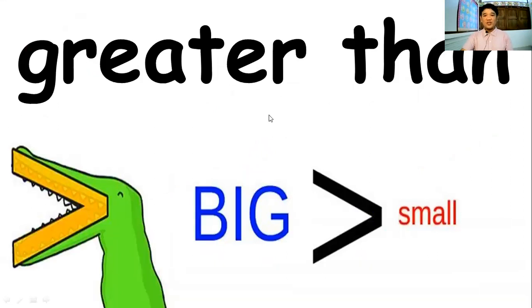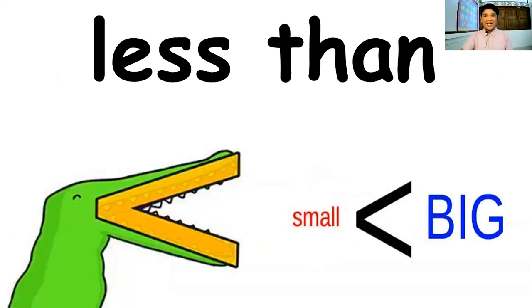Take note, from left to right, if the number on the left side is bigger than the number on the right side, we use the greater than. And if the left side is small going to the right side as big, we use the less than.